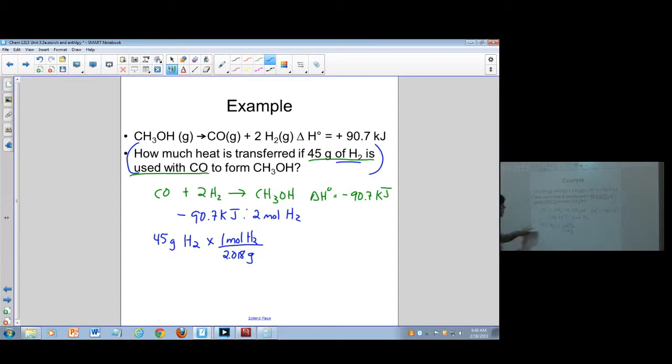Okay, and now I'm going to take this lovely equality I just wrote up here times minus 90.7 kilojoules for every 2, don't forget the 2, moles of H2. All right, so I'm going to get rid of grams, I'm going to get rid of moles, and I'm going to end up with units of kilojoules. And so I get minus 2.0 times 10 to the 3 kilojoules there.